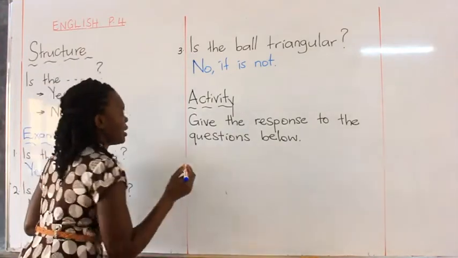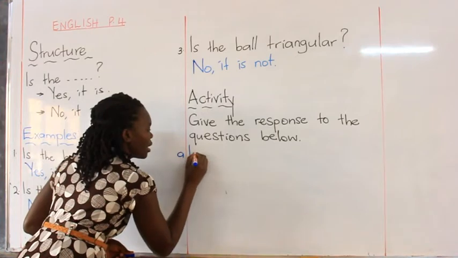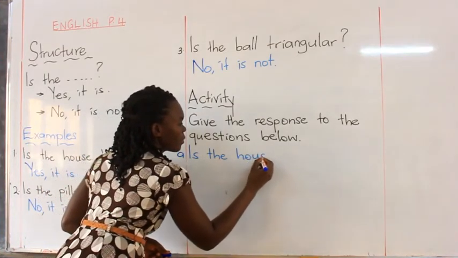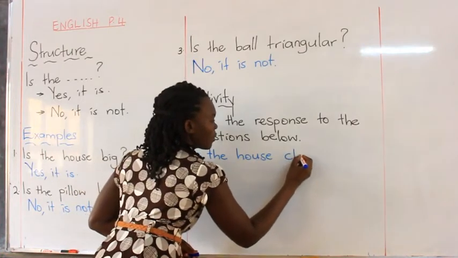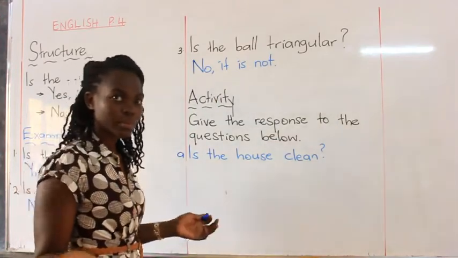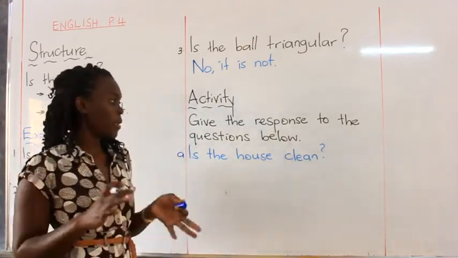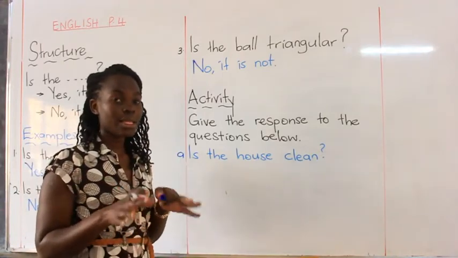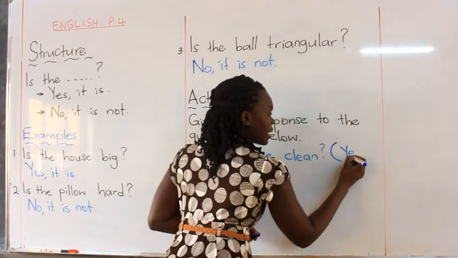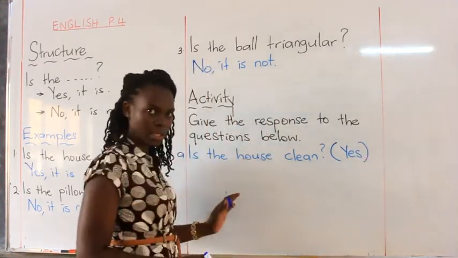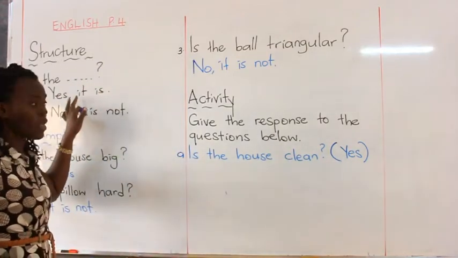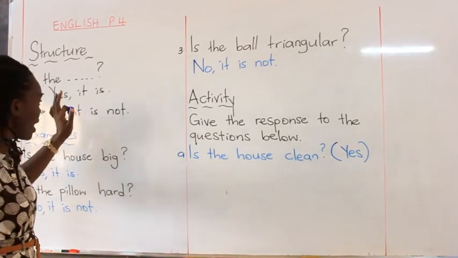So number 1, it says, is the house clean? Look around you. Is it clean or dirty? So for the purposes of having the same one, I'm going to put the response I expect from you in the brackets. So it should be a yes. But remember to follow through the response that has been given to us here.